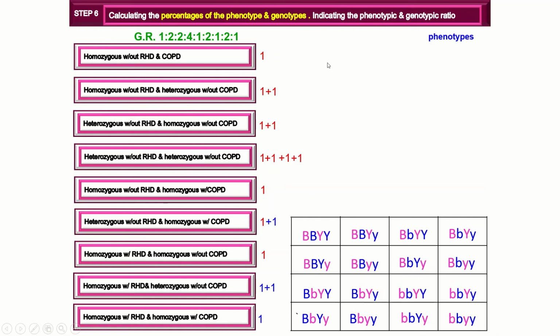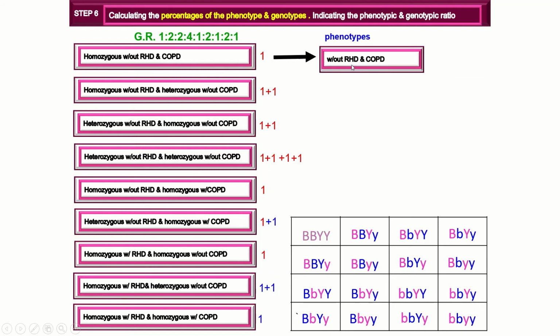Okay, so the first phenotype is this homozygous without RHD and COPD. So dominant without. So the person will have without RHD and COPD. I'll tally it as one. This one is still without RHD and without COPD still.